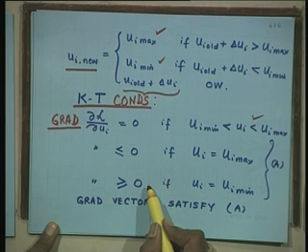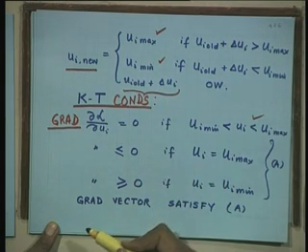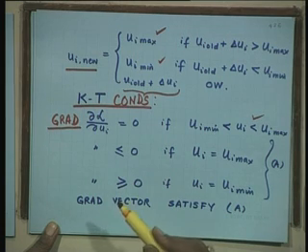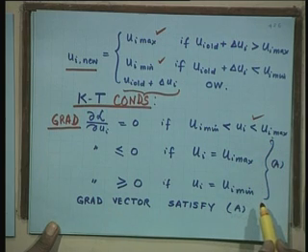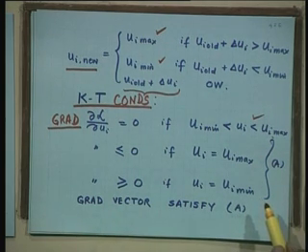This is called semi positive definite and semi negative definite, which you must have done in control systems. I do not know whether you have read control systems or you have forgotten. So, the gradient vector should satisfy these 3 conditions when there are inequality constraints on control variables.